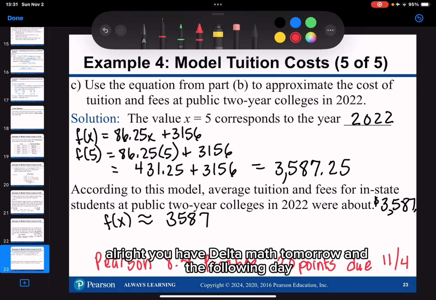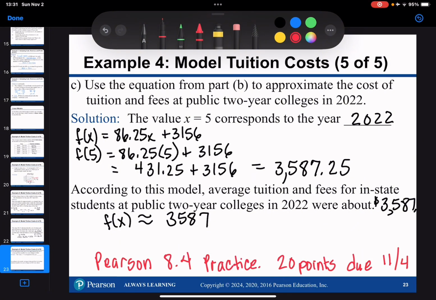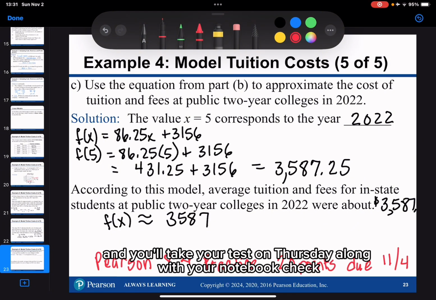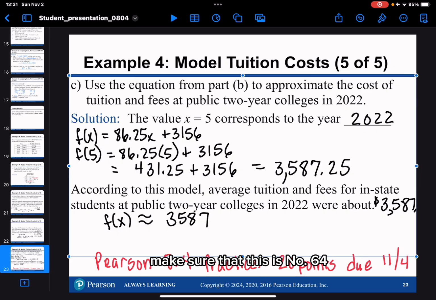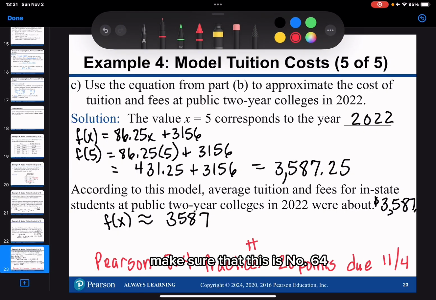All right, you have Delta Math tomorrow and the following day, and you'll take your test on Thursday along with your notebook check. Remember your Pearson practice. Make sure that this is number 64. You're showing work on loose leaf.